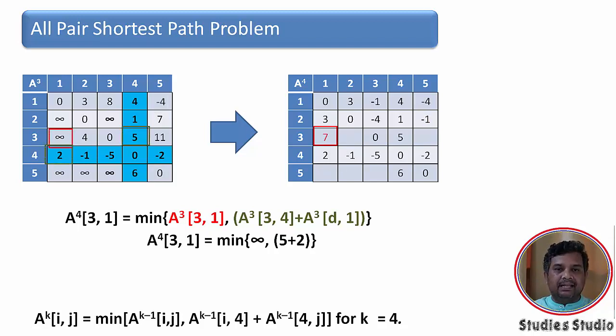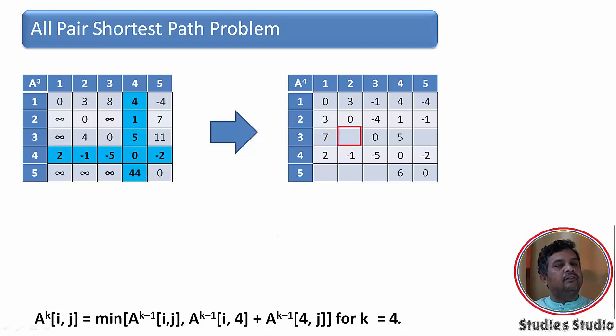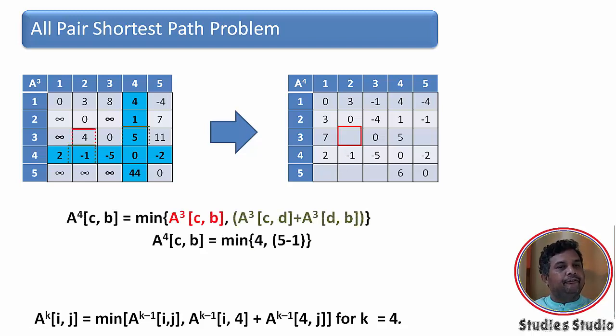The next empty cell is 3, 1. And in the 3, 1 cell originally I am having infinity. And the projected value to the fixed row and fixed column is 2 and 5. The sum of these two, and infinity. Which one is smaller? So 7 I am getting as the smaller value. I am writing here. The next empty cell is 3, 2. And in 3, 2 originally I am having 4.